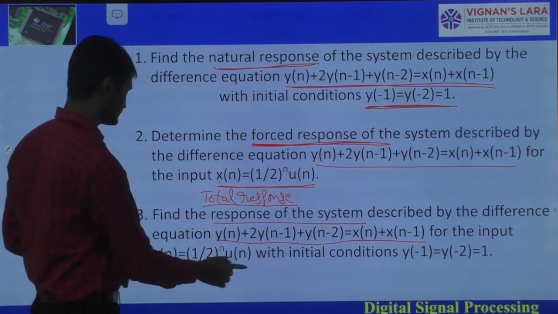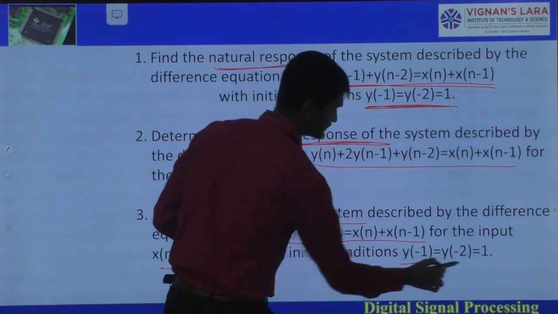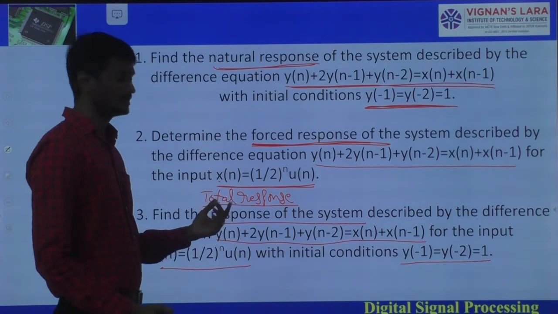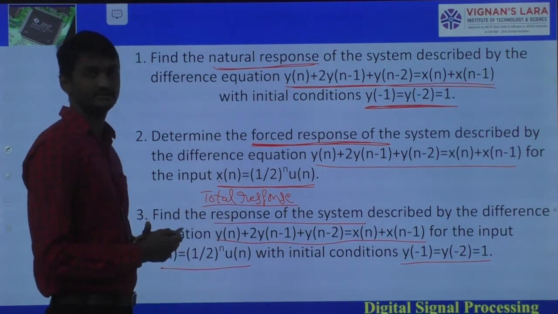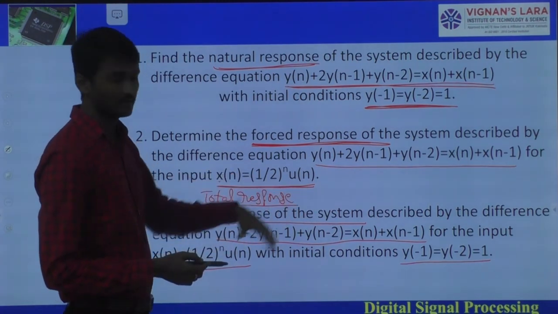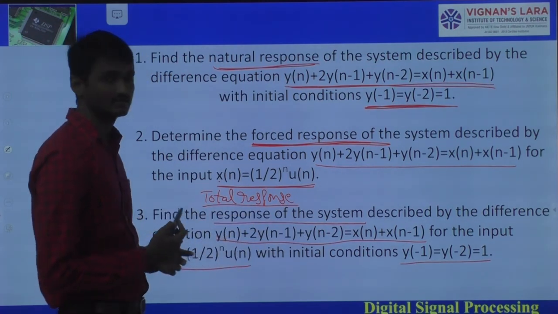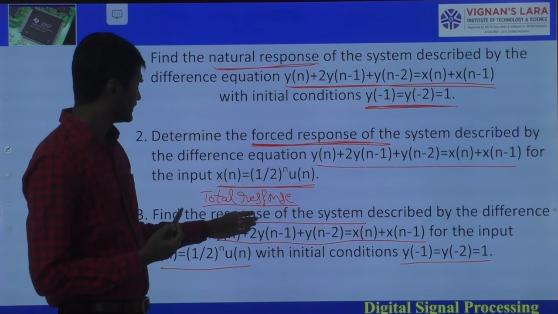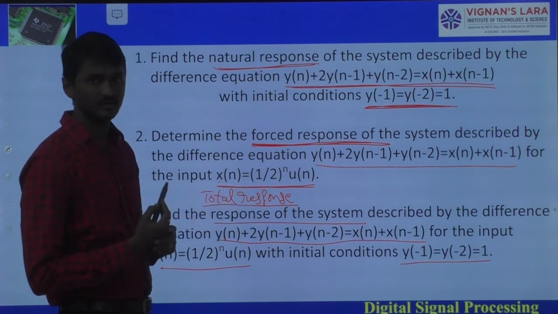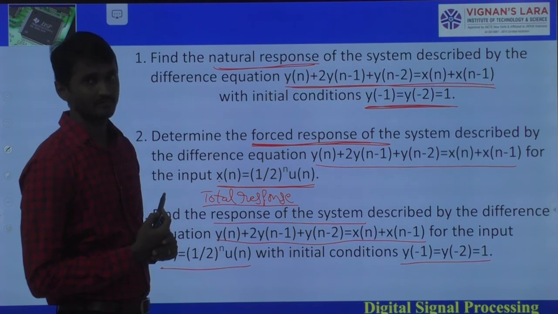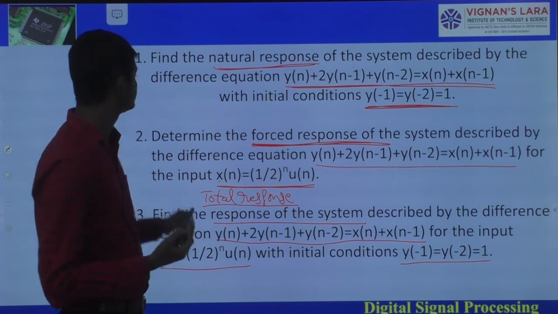For that, the input is given and the initial conditions are given, because to find the total solution we need the input as well as the initial conditions. Whenever required, we have to substitute those initial conditions as well as the input. We know the total response is nothing but the combination of homogeneous solution and particular solution. Okay.